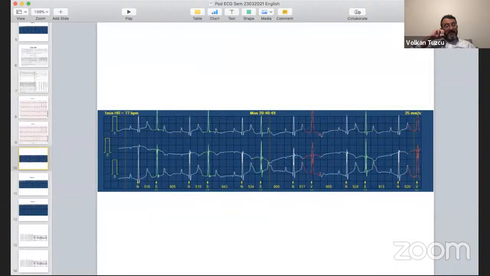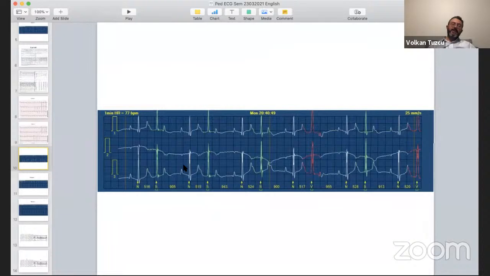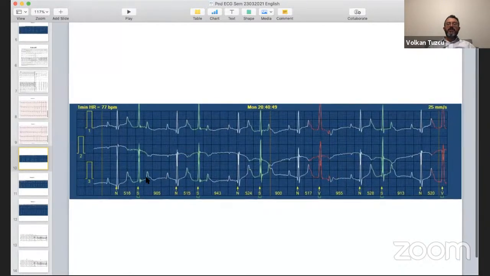To call something a PAC, I always remind our people, cardiologists or whatever, that you have to think about the terminology. PAC is premature, right? So it comes early. Early in reference to what? In reference to the sinus. If you say PVC, it means there is an ectopic beat from the ventricle that comes relatively early compared to the previous QRS.